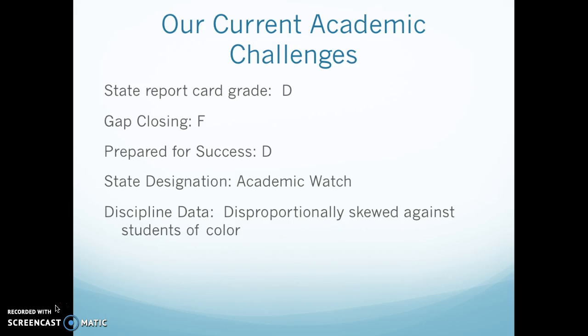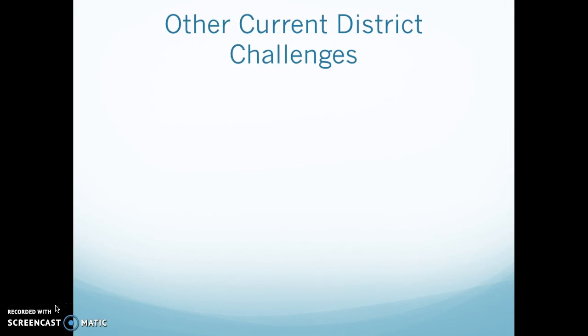And so this impacts our academic challenges because if you look at our gap closing, that's an F. That means that our students of color are not performing at the same level as their white counterparts. And part of that is due to the discipline data that removes these children from our educational processes. So that's another area that we're going to need to focus on.